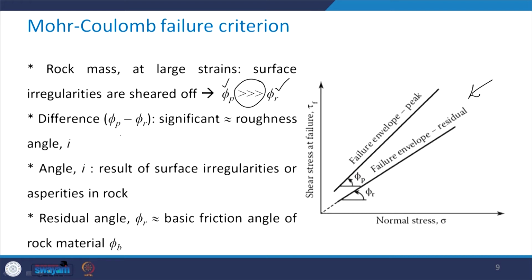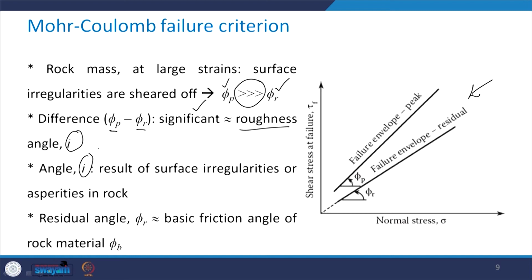So, the difference between peak and the residual friction angle is going to be significant, which will be approximately equal to the roughness angle I. This angle I is the result of surface irregularities or asperities in rock.